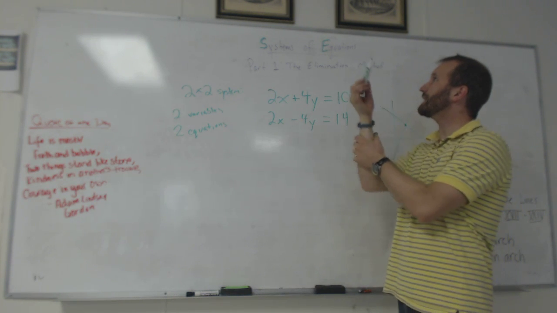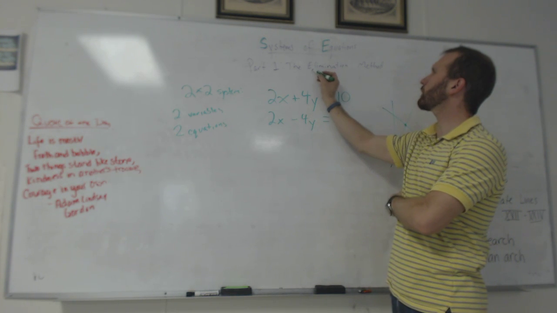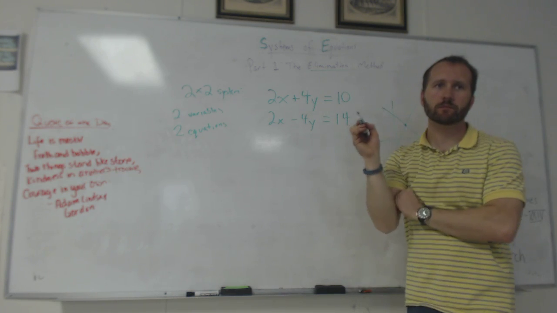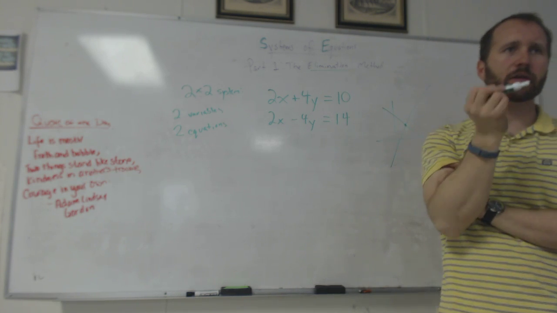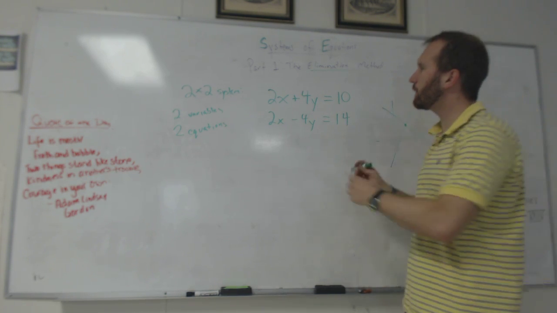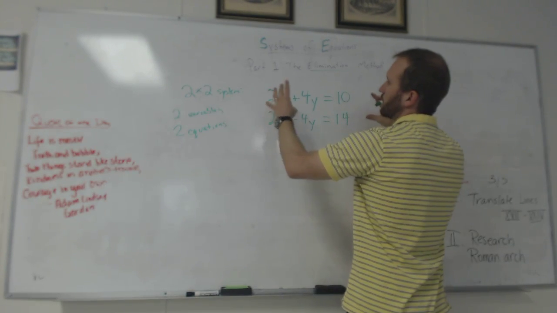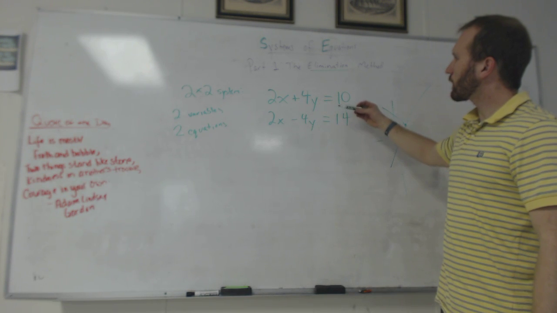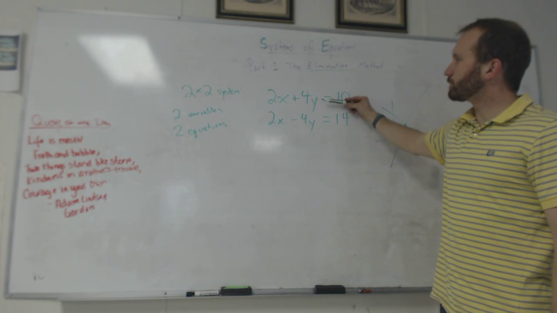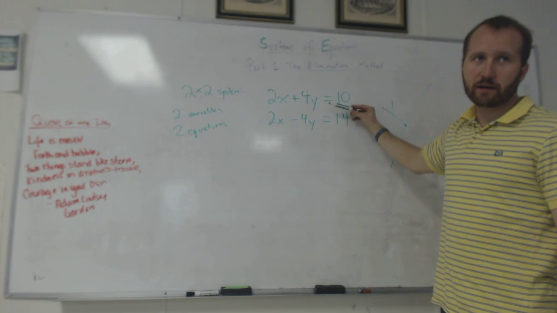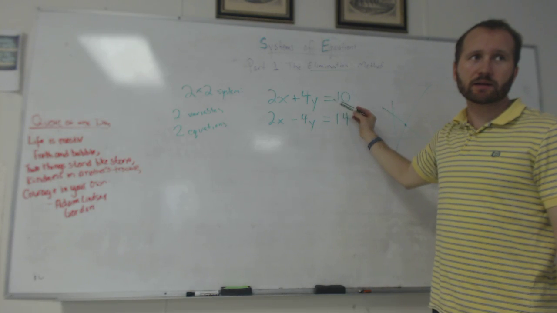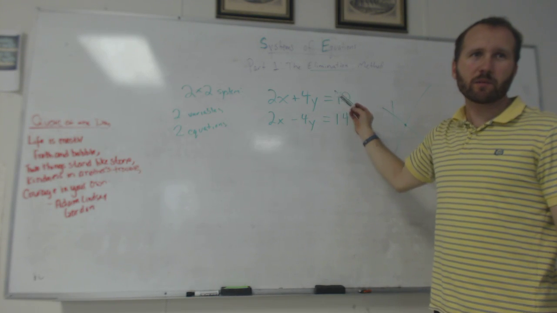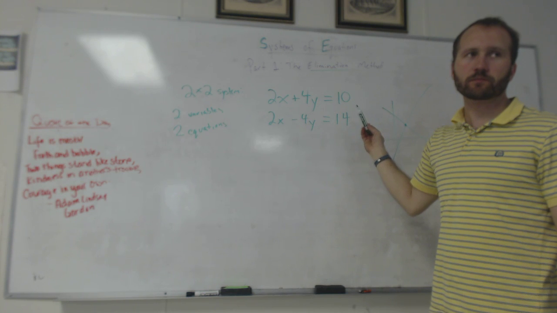So with the elimination method, the way that we're going to look at these today, the trick to solving with the elimination method is I have to combine the two equations into one equation. So the ones that we look at today, and this will not always be true, but the ones we look at today and the ones that are on your homework are going to be already set up for you.